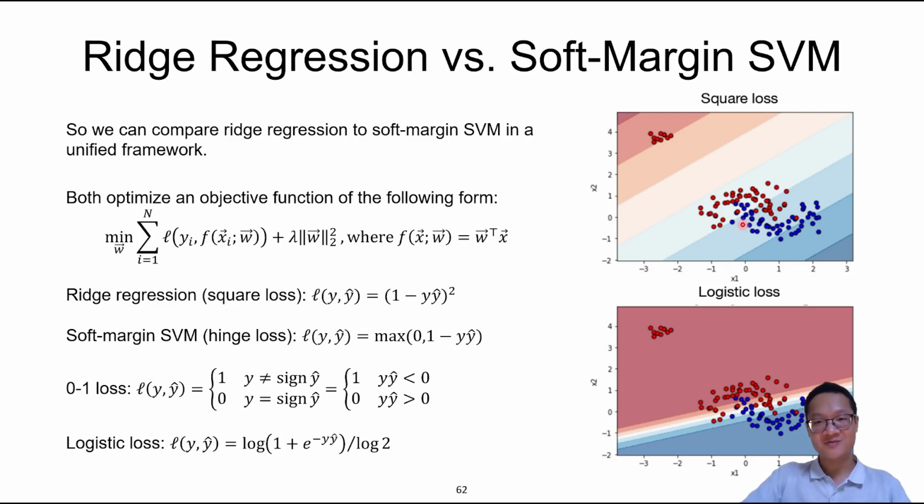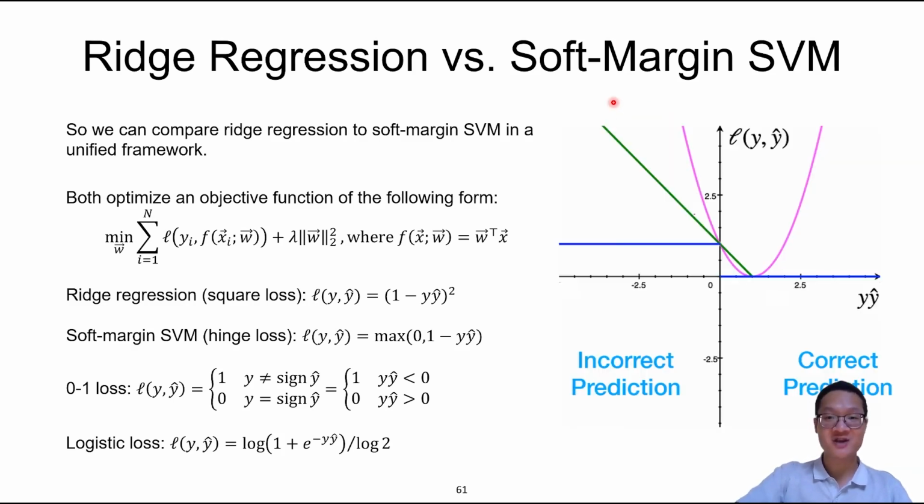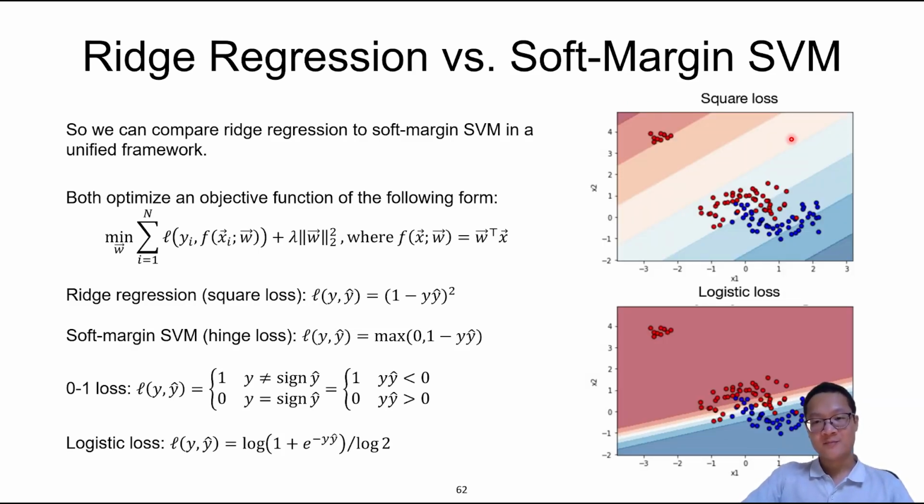So on the plots on the right, we have a data set with the red class and the blue class. The contours and shaded areas show us the value of the loss function. For the square loss, we can see that the shades get progressively darker because of the shape of the square. In this case, we would expect the best linear decision boundary to be somewhere between the red and the blue data points, right?